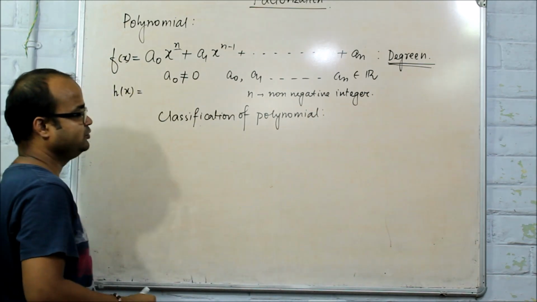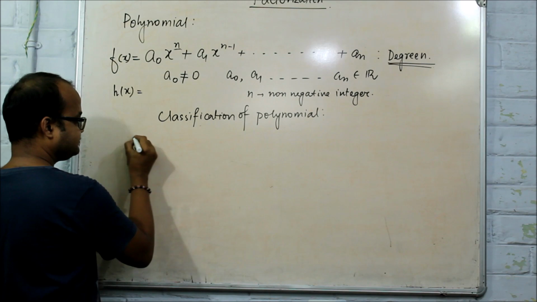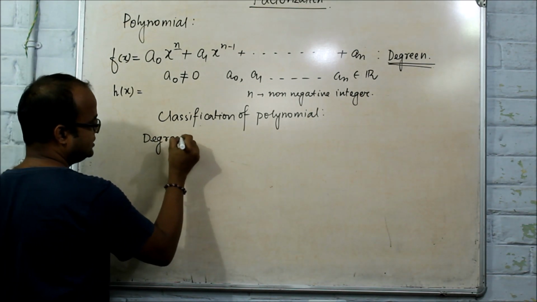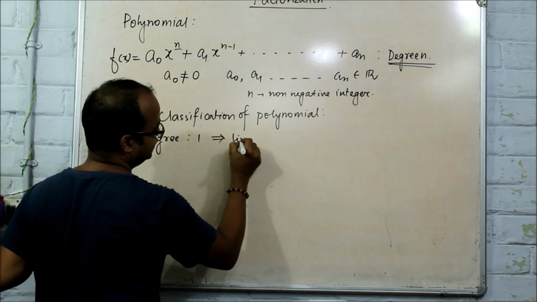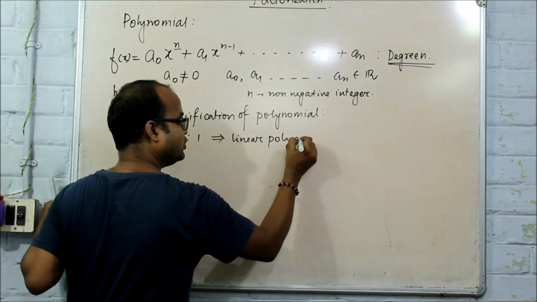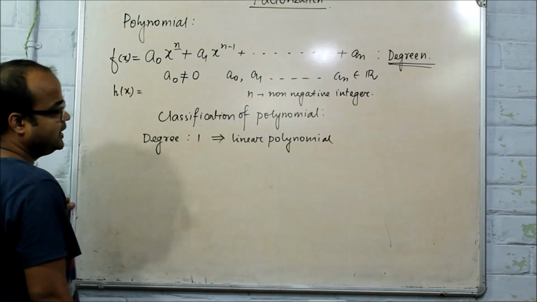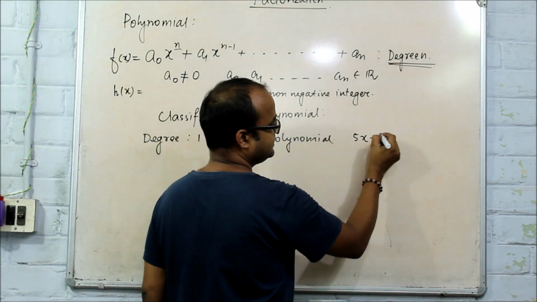If the degree is 1, then we call it a linear polynomial, like 5x plus 7.